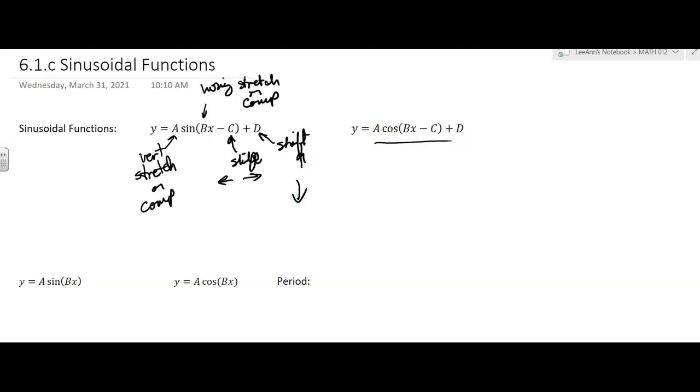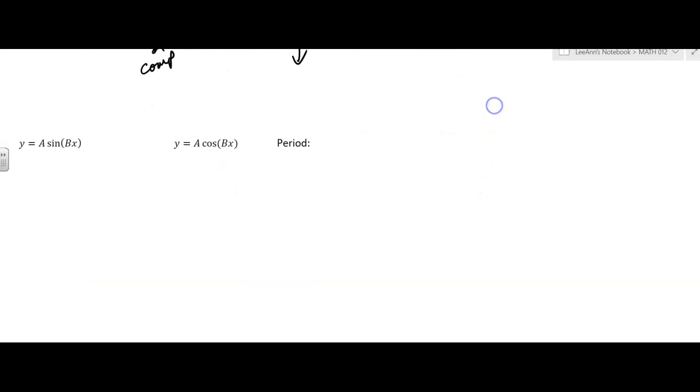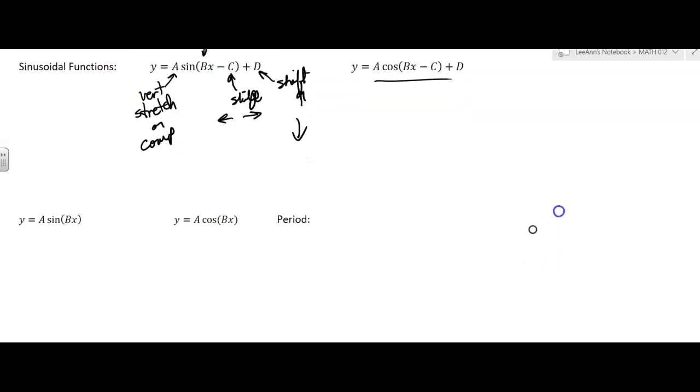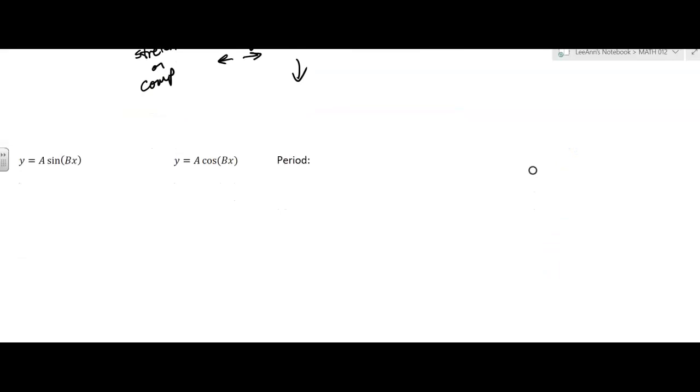All right, so the first thing we're going to look at, though, is without the shifting left and right and up and down. We're just going to look at the stretching and compressing. So we're going to look at functions in this form and this form. Now, because of the B, here's a sine curve.